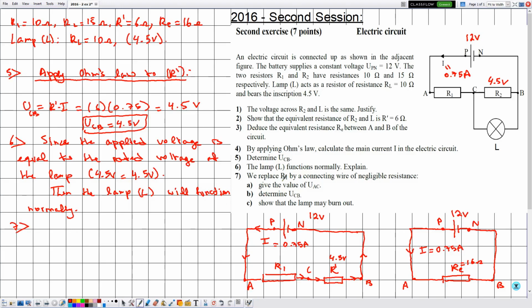Now in number 7, we replace R1 by a connecting wire of negligible resistance. Then here let me replace R1 by a connecting wire of negligible resistance.